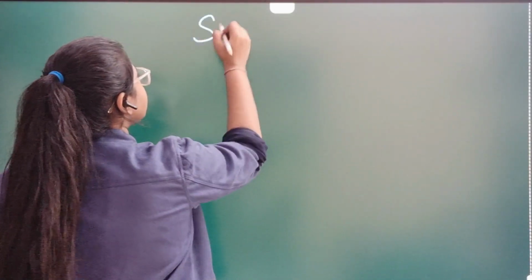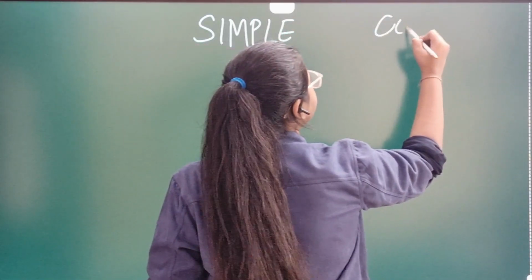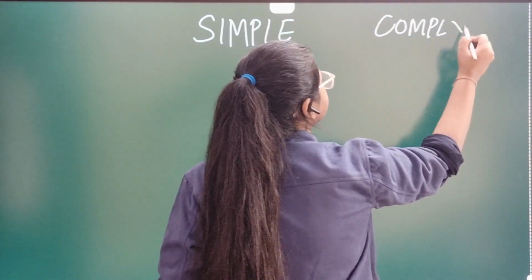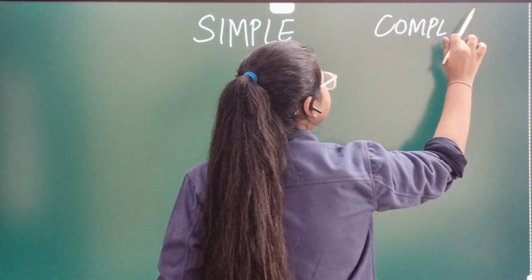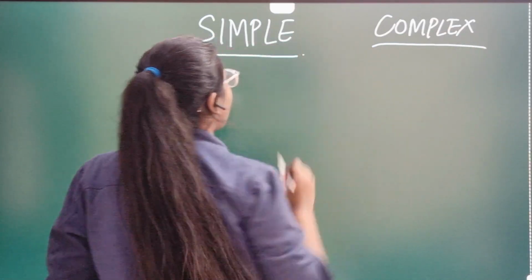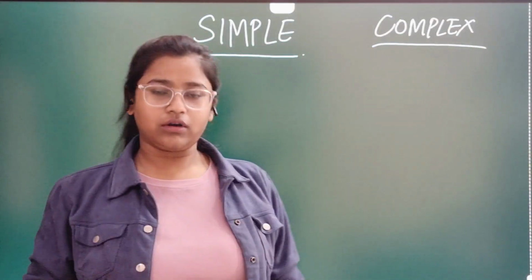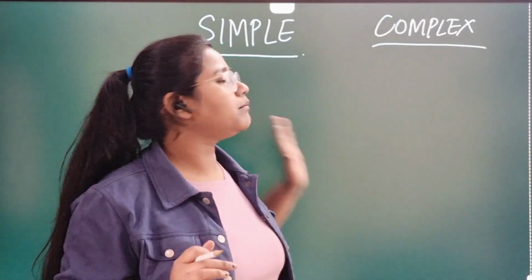So firstly, let's begin with simple hypothesis and complex hypothesis. Okay, after studying about null and alternate hypothesis, I would like to bring you all to simple and complex hypothesis.